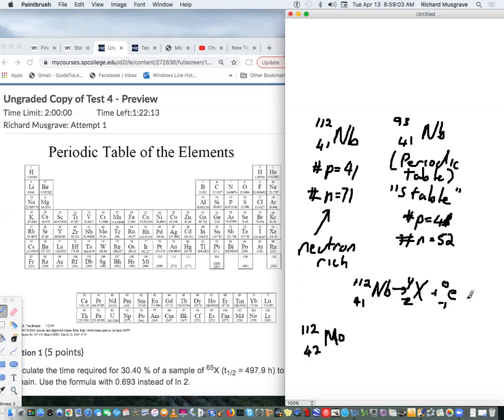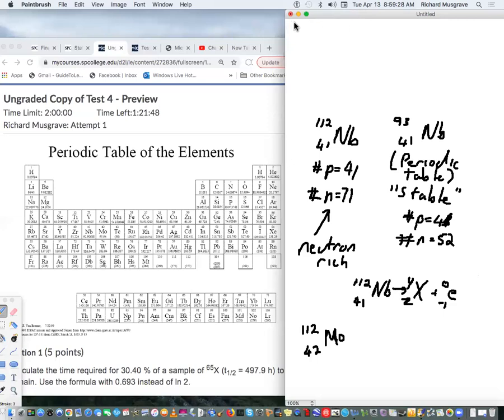That would have been from the decay of a neutron into a proton plus an electron, which kind of makes sense. If it's neutron rich, it's going to want to get rid of neutrons. But if it's forming a proton, then it's getting even closer to not being neutron rich anymore. That's the whole point.